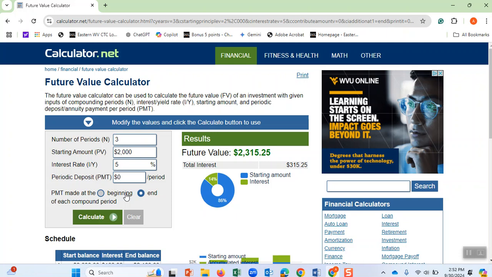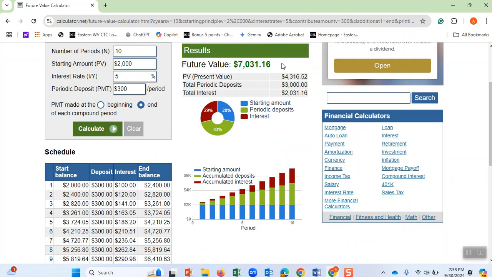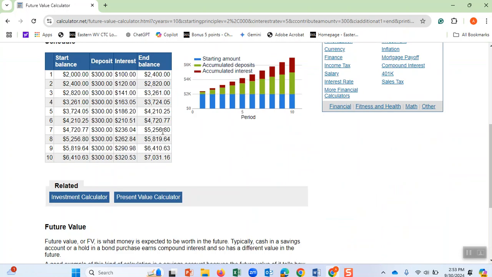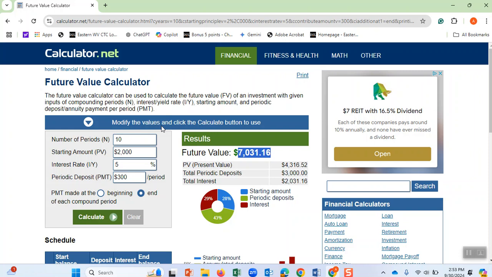You say, I have $2,000 and from every paycheck I am going to put $300, and I want to see in the next 10 years how much money I am going to have in my saving account. You click calculate, and this is how much you are going to have after 10 years if you follow this procedure. Anyhow, this is a good table to learn because you can expand it in many other ways.